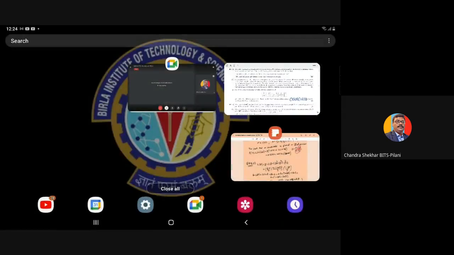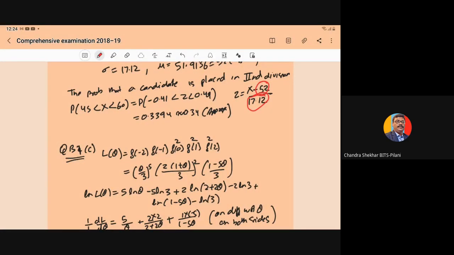As I have told you, the likelihood function is the function for the occurrence of the sample. So it will become f(-2) into f(-1) into f(0) into f(0) into f(1) into f(1) into f(2) into f(2), and the corresponding function values are given to you.